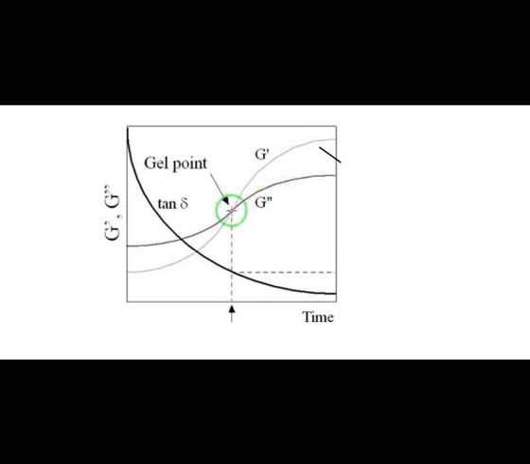So this is the point at which we can say our material is becoming a gel. This is the gel point. So this is all you have to briefly know about the mechanical properties of the hydrogels, and we will continue with the slides of the course.